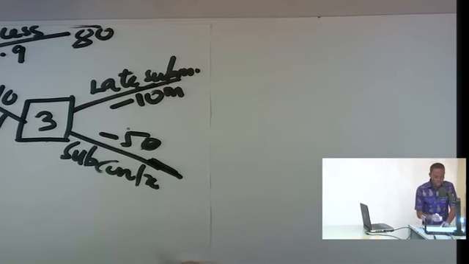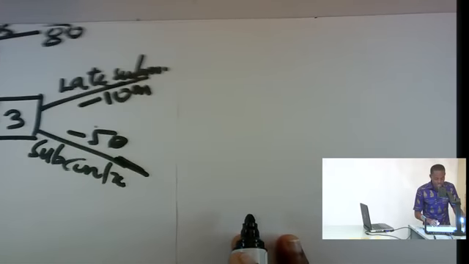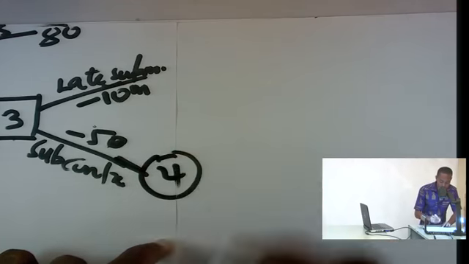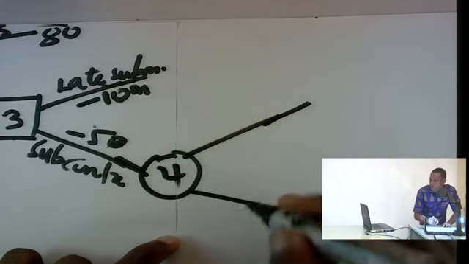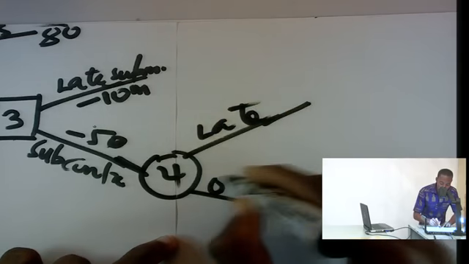Okay, so if we subcontract, there is the chance that the subcontractor could produce it on time or could be late. And so if it's a chance, then it becomes a circle node. So here we could be late and then on time.